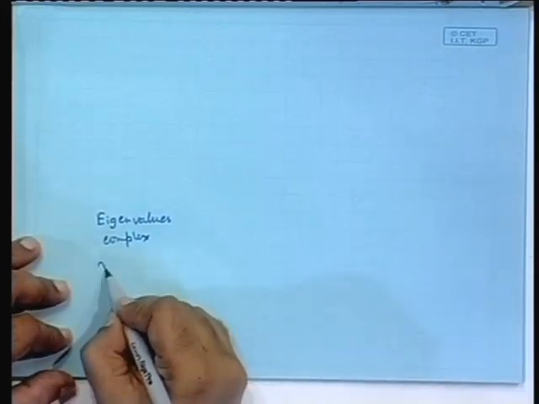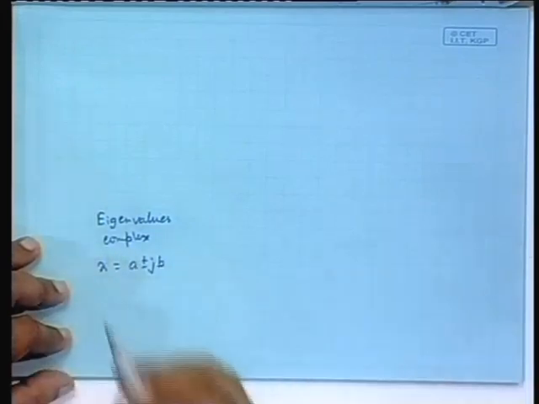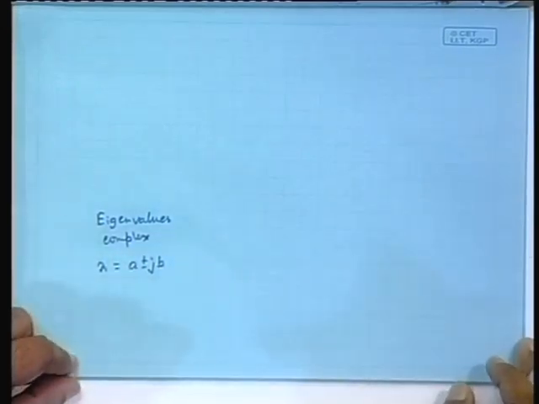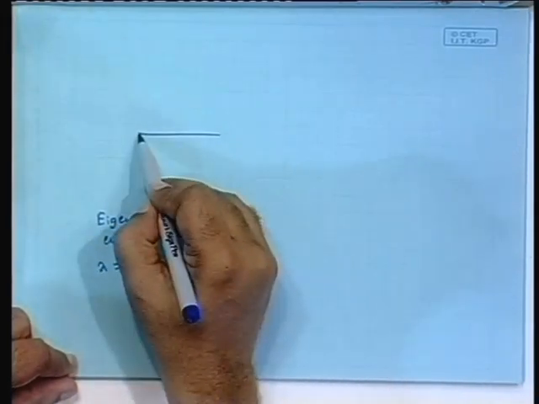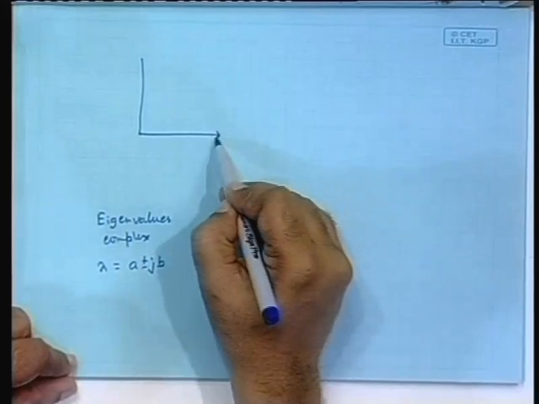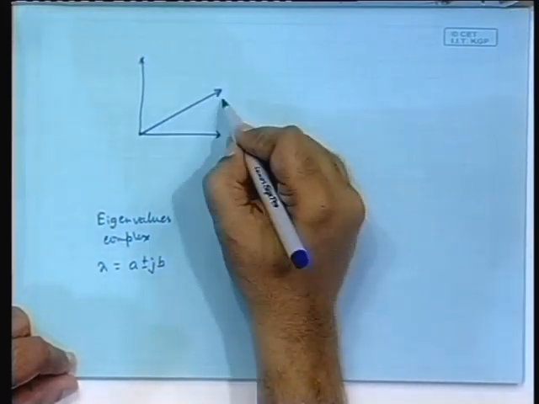So, lambda is equal to a plus ib. What will the behavior be? Say this is our axis and say this is our initial vector x.